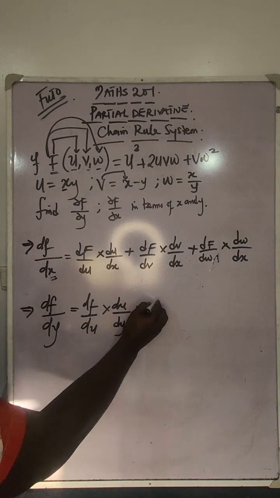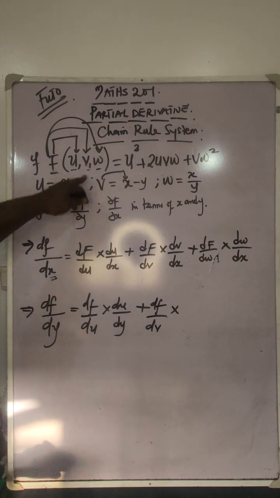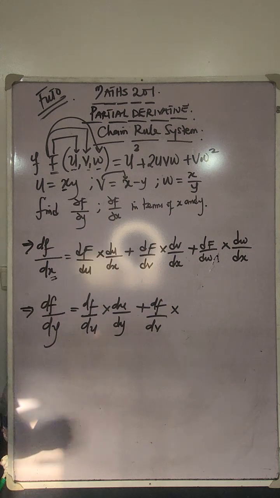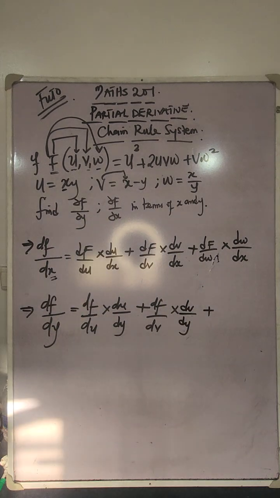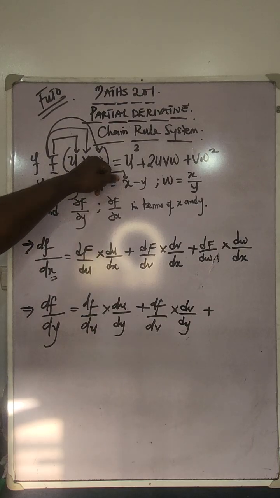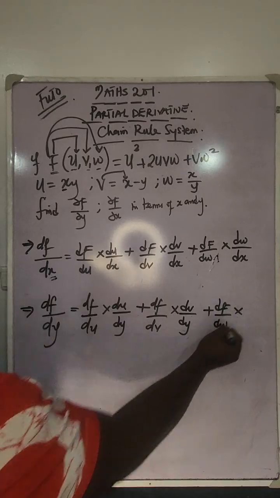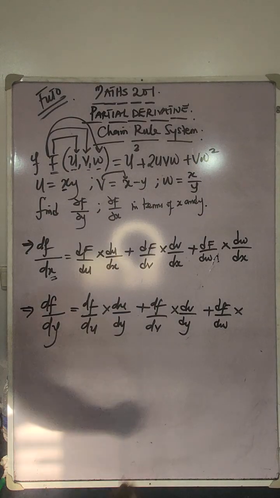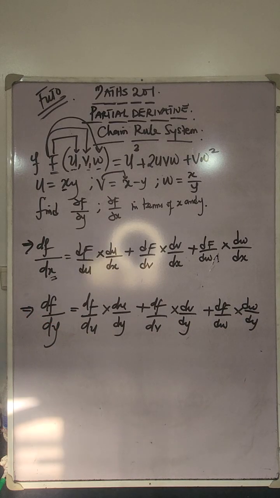It says dF/dV, and okay, child, call Y out, because this time around we are expecting Y. dV/dY. Plus, hey father, call your third child. dF/dW, and hey third child, call Y for me. dW/dY. Beautiful, isn't it? Good.